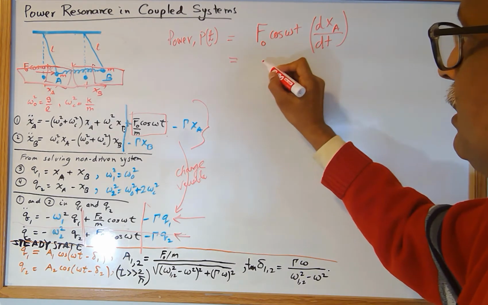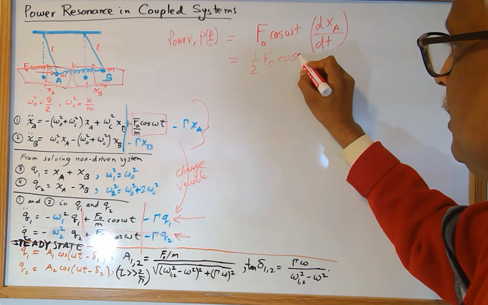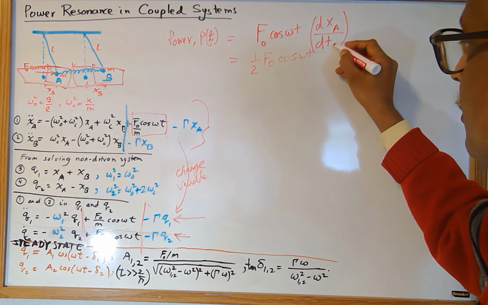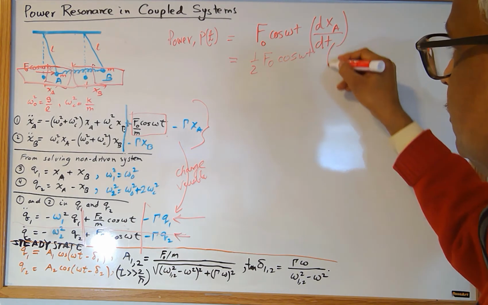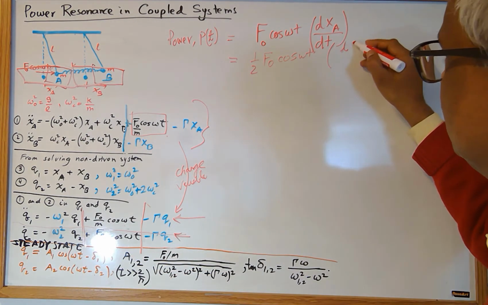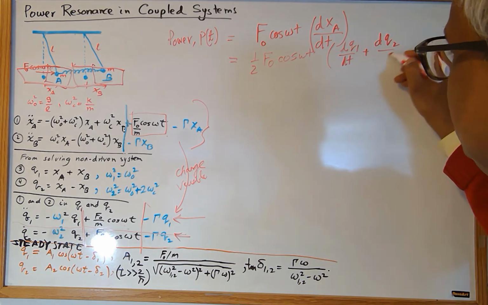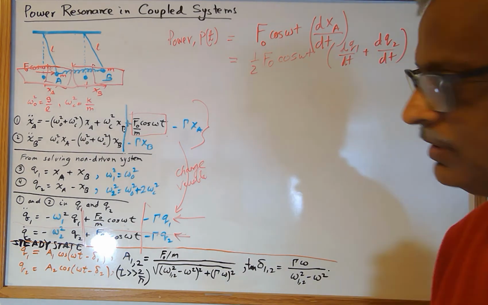So this is going to be half F0 cosine omega t times the velocity that goes with Q1, dQ1/dt, plus dQ2/dt. So far so good.